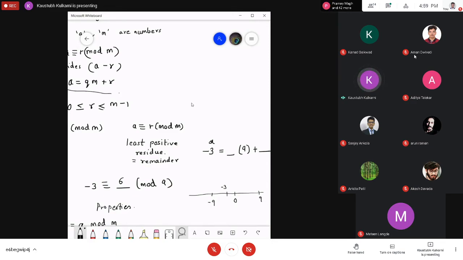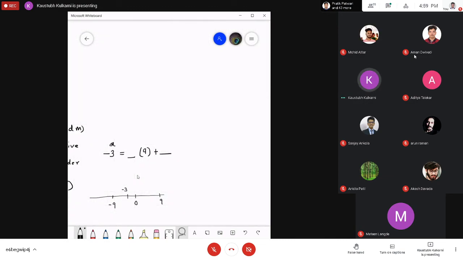Now LHS will become equal to RHS. Okay, if I use quotient at 0, if I write 0 over here, what will be the remainder?